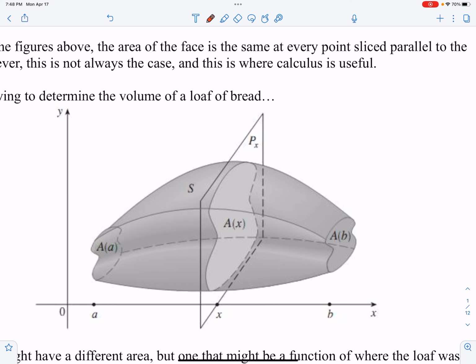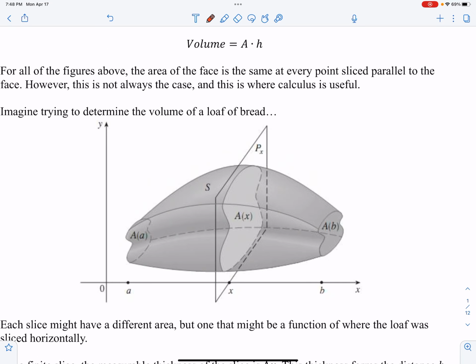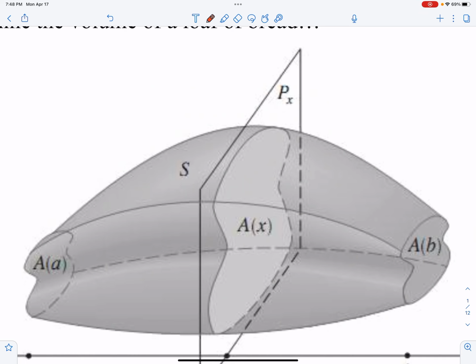That was the idea behind Riemann sums. So the same idea here: if we were to take thinner and thinner slices of bread, find the volume of each of those slices, and then add all those infinitely many slices up, that would give us the actual volume of the loaf of bread.